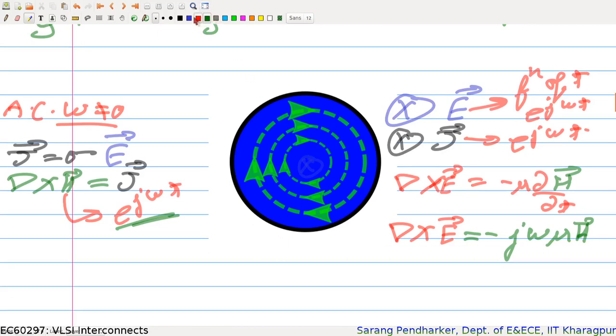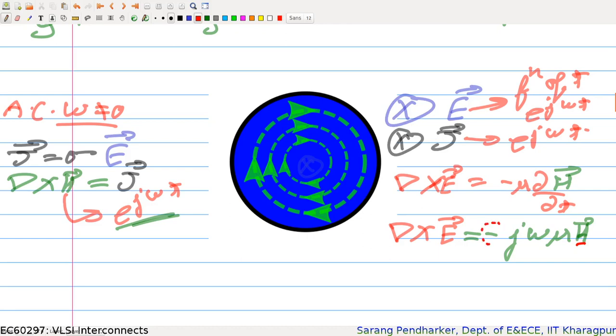Now if I want to look at the direction of electric field that would be induced, how do I do that? I take my right hand, the thumb of my right hand indicates the direction of H, so my H is in this direction. The fingers of my right hand would be giving me the direction of electric field. However, there is a minus sign in here, right?